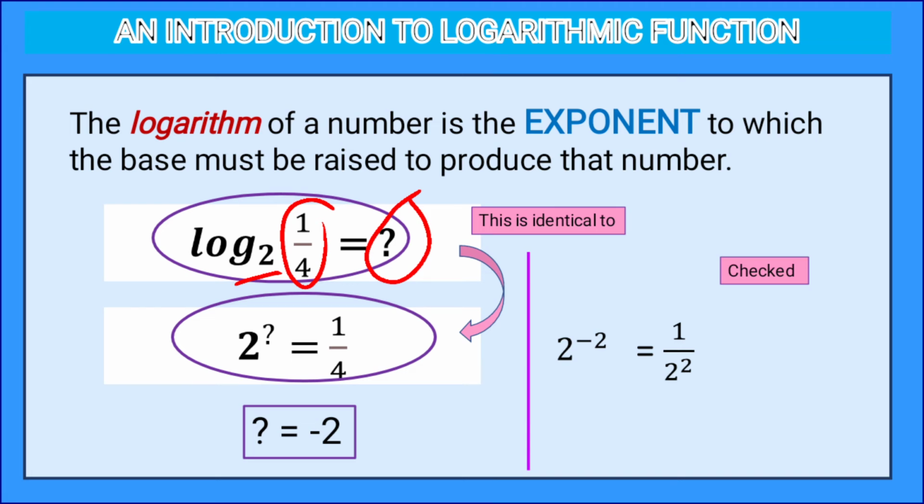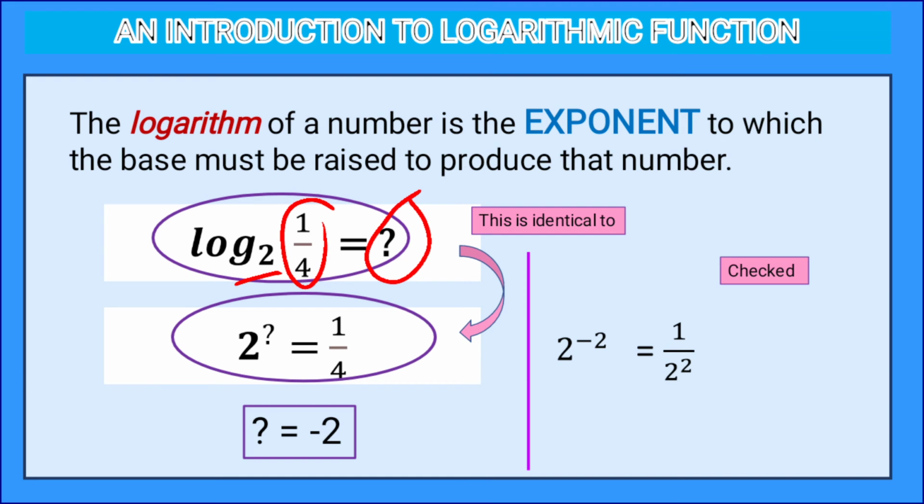Because any number you raise to a negative exponent, to make the negative positive, you switch it into a fraction, okay? And then you will have that positive exponent already.